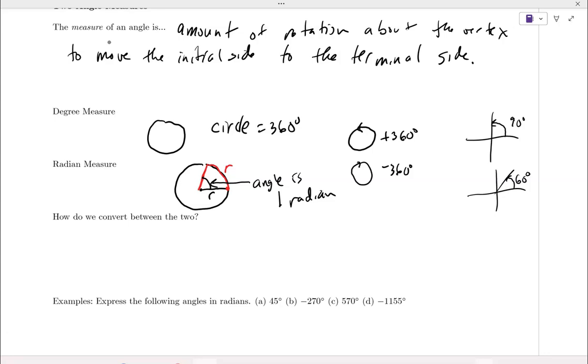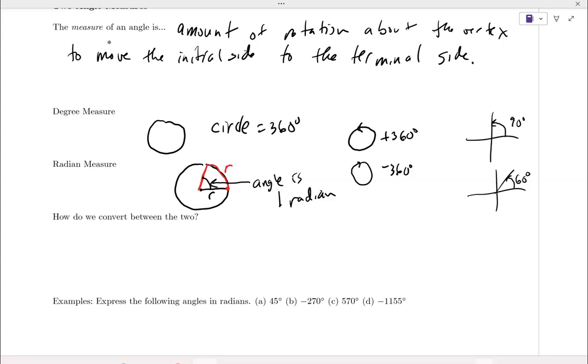Subtended just means it's the arc that corresponds to that central angle piece. I don't particularly like that word. Anyway, when you have an arc subtended by the central angle, where the length of the arc is the same as the length of the radius, then you get 1 radian.